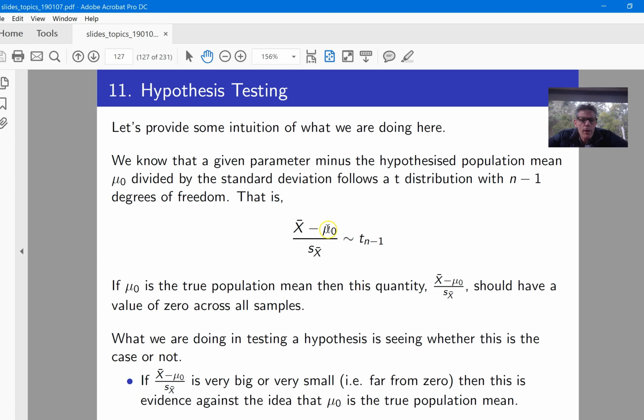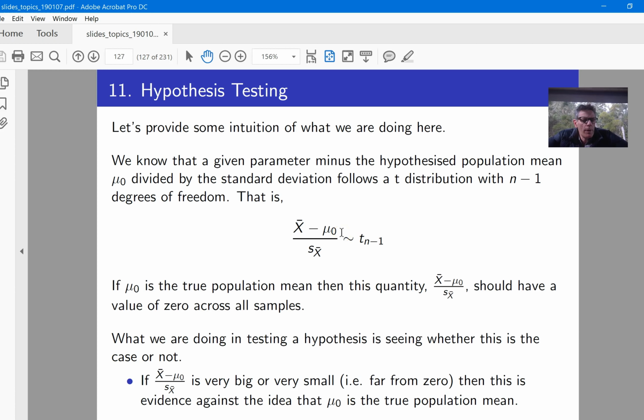So we have a null hypothesis that the incomes are 34,100, and we calculate our sample mean, x bar, and we compare it with that null hypothesis by subtracting one from the other. And then we scale by the standard deviation of x bar, or the standard error of x bar, so that we get a standardized measure of how far my sample mean is from the null value. And that standardized measure, under the null hypothesis, will follow a t-distribution with n-1 degrees of freedom.